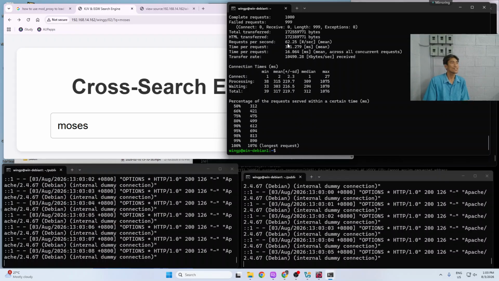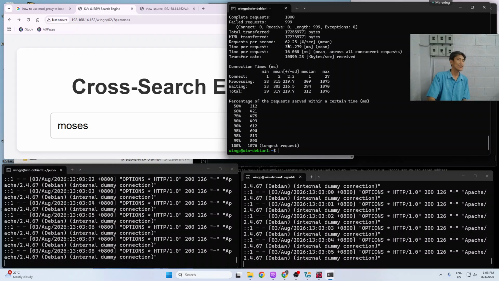So that means, class, if you have plenty of visitors on your website, you can make your website faster by just duplicating the VM. That's one of the reasons we use VMs: it's easy to duplicate.